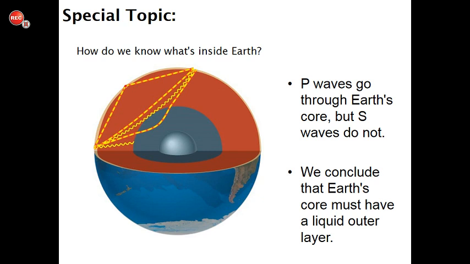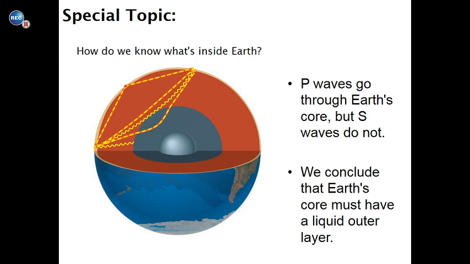P waves can go through the Earth's core, but S waves can't. What we end up seeing is, if there's an earthquake, there is a shadow where we don't see S waves. And that gives us a rough estimate of the size of the core. And it also tells us that it's most likely a liquid outer layer.